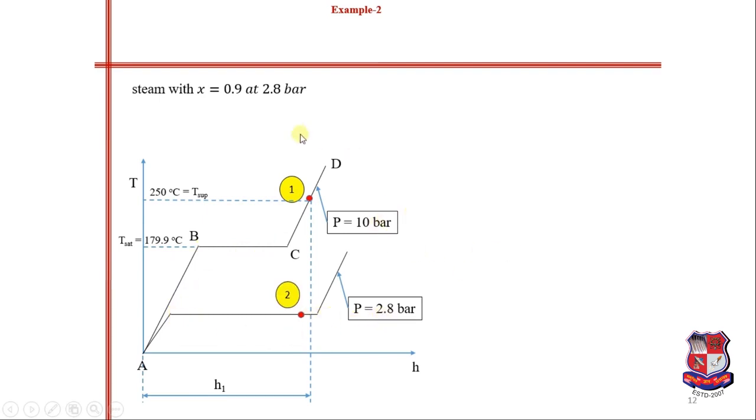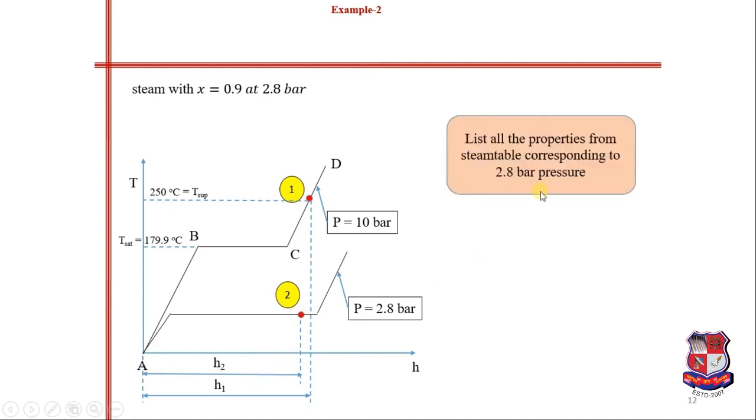Okay, and we are given that at 2.8 bar pressure x is 0.9, means it indicates we are having wet steam. Okay, so wet steam falls between point B and C. Okay, so now we want to find enthalpy, internal energy of point 2. So first we will find enthalpy of point 2. Okay, so first of all list all the properties from steam table corresponding to 2.8 bar pressure.